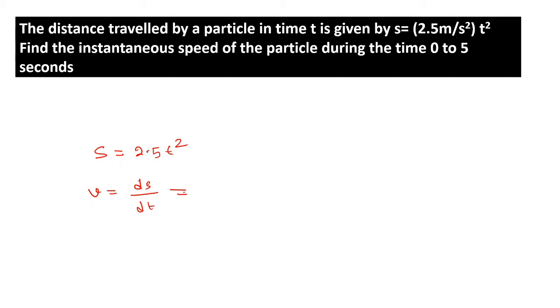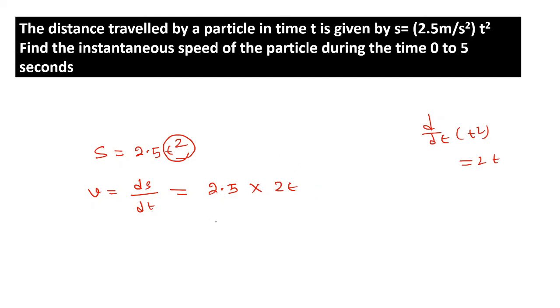So we have to differentiate. That will be 2.5, and the differentiation of t square, d by dt of t square, is 2 into t, so it will be 2t.